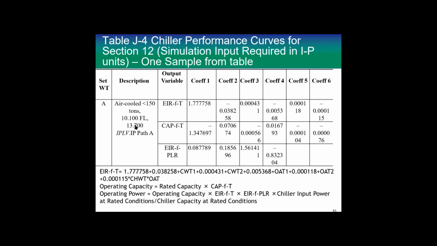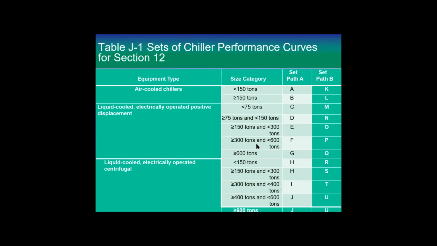So what we had was, for example, back here, we've got air-cooled chillers less than 150 tons. So we have an A and a K available to you.